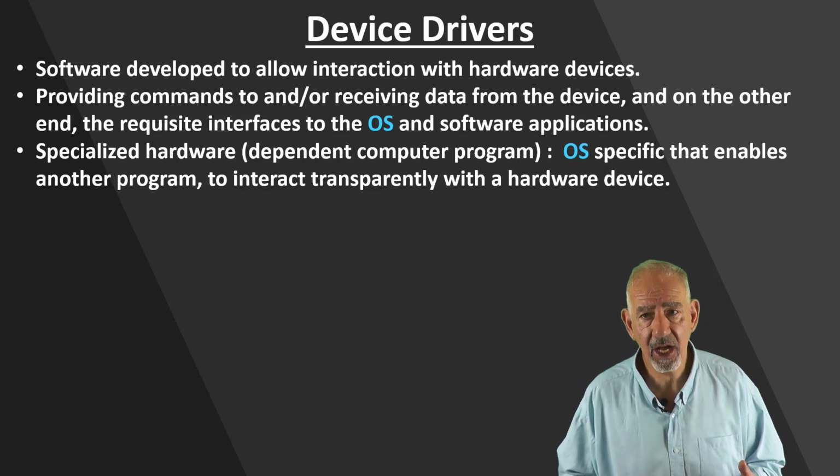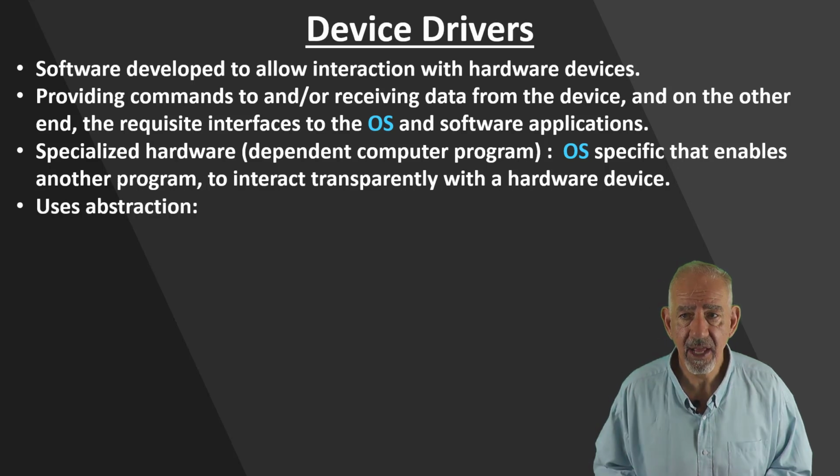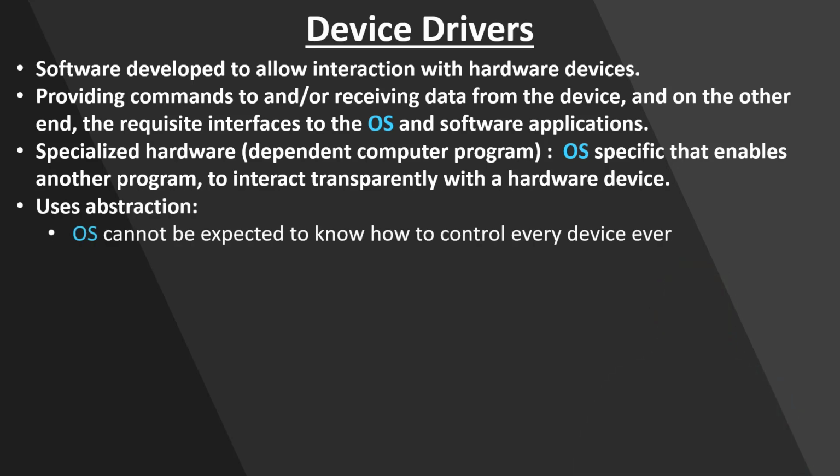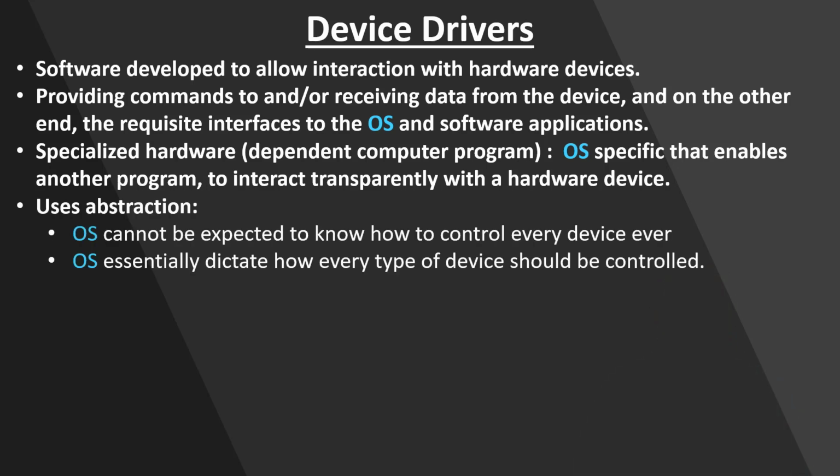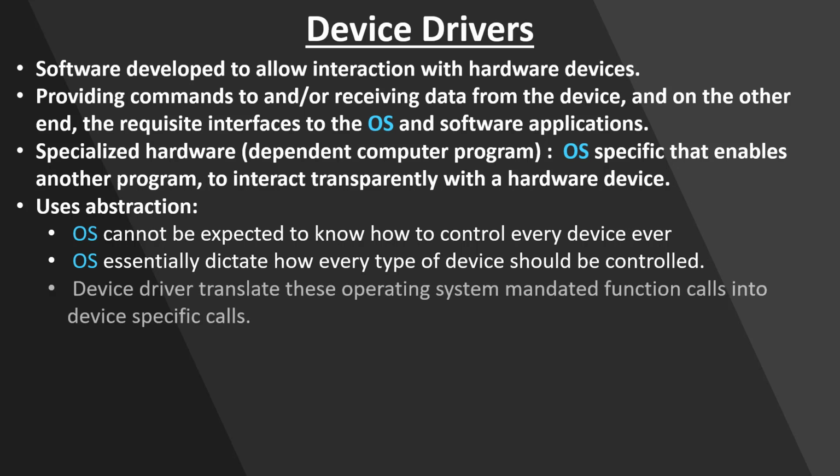And of course, there's a user abstraction there. The operating system can't be expected to know how to control every single device, every single different application. And if we have different devices and then different variants of that particular device, it can't know how to run all of these. So the operating system essentially dictates how every type of device should be controlled.